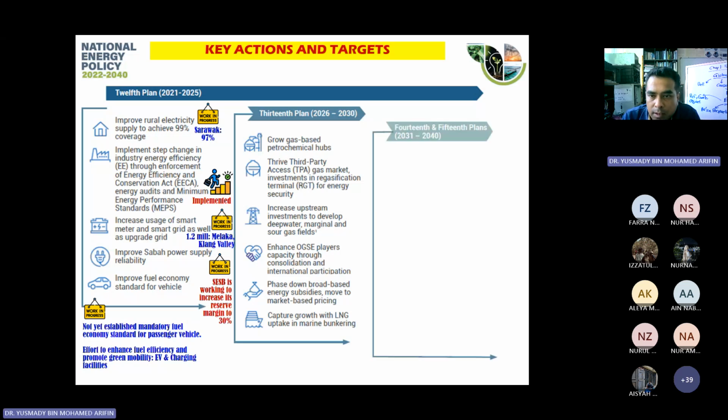Jadi okay, the 14 and also 15 plan start from 2031 until 2040. Okay, drive domestic EV electric vehicle ecosystem with a scale EV penetration. So dia tambahkan lagi. Adopt large scale energy storage for renewable energy.